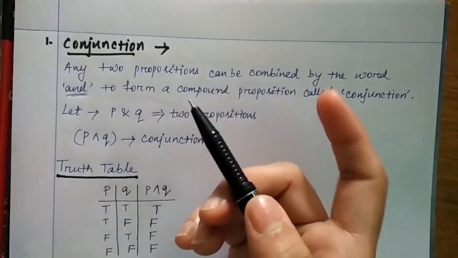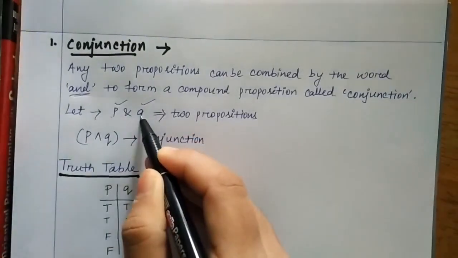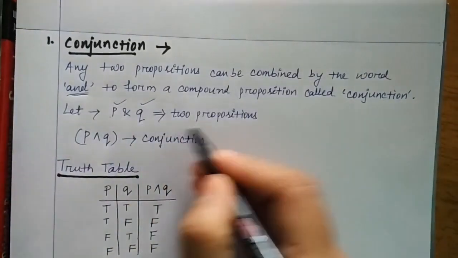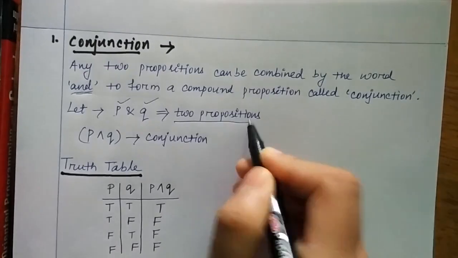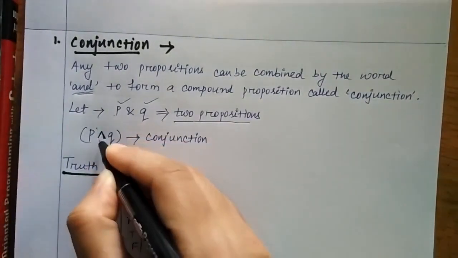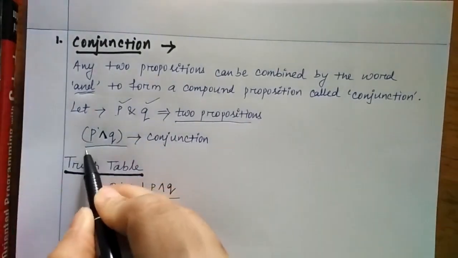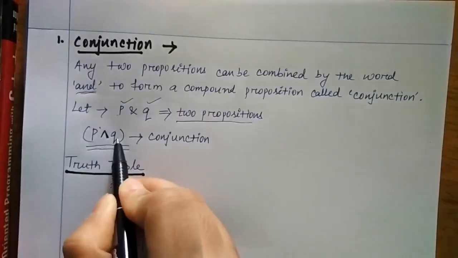Instead of two different sentences, I have taken two variables P and Q and considered them as two propositions. I have combined them using the connective AND, that is the cap symbol. This is called P and Q.